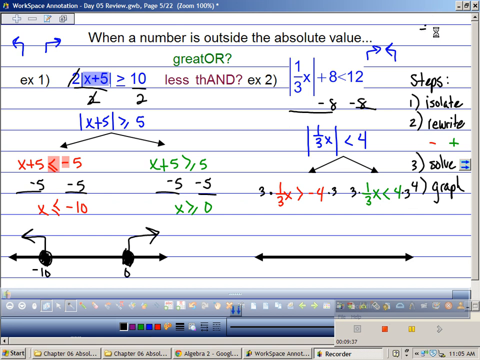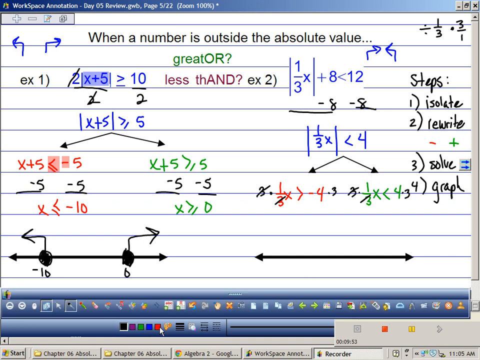Dividing by 1/3 is the same thing as multiplying by the inverse, right? Okay, so when I multiply by 3, all of my fractions go away, correct? And what am I left with on this side? X is what?